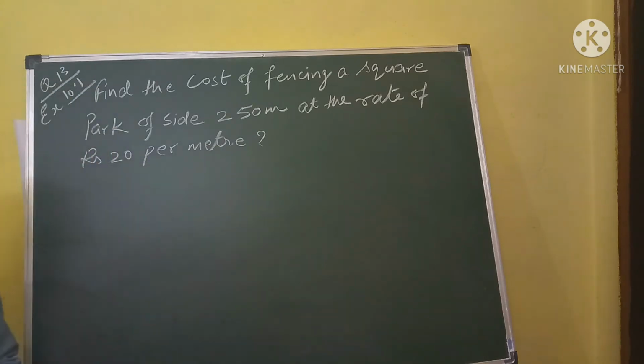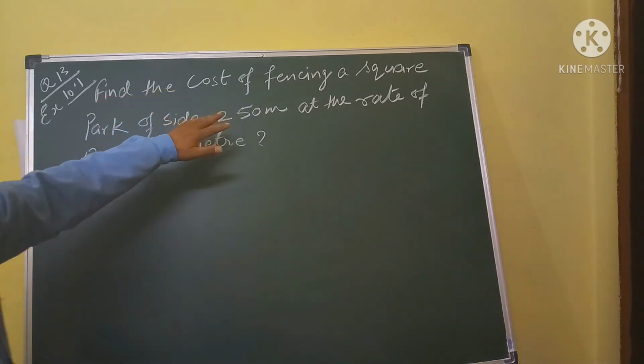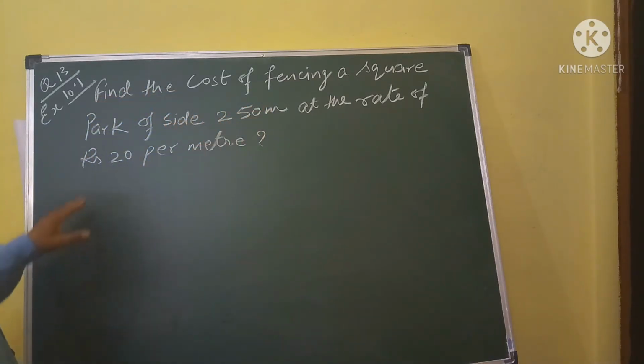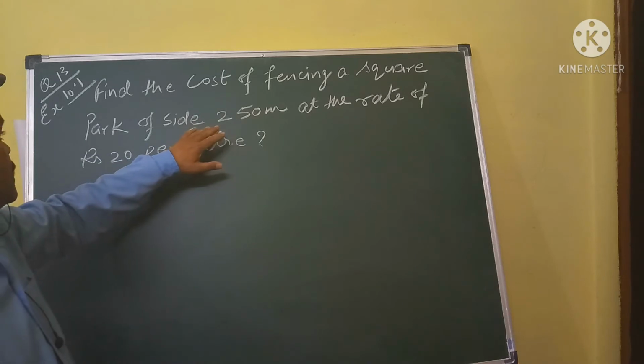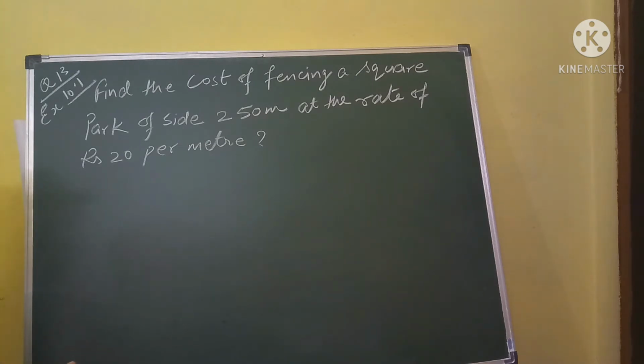What is the question? Find the cost of fencing a square park of side 250 meter at the rate of rupees 20 per meter. In this question we will find out the cost of fencing.